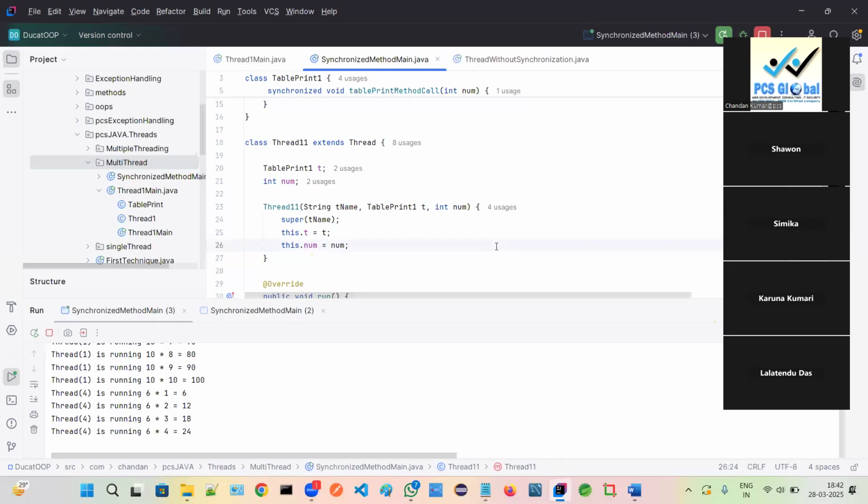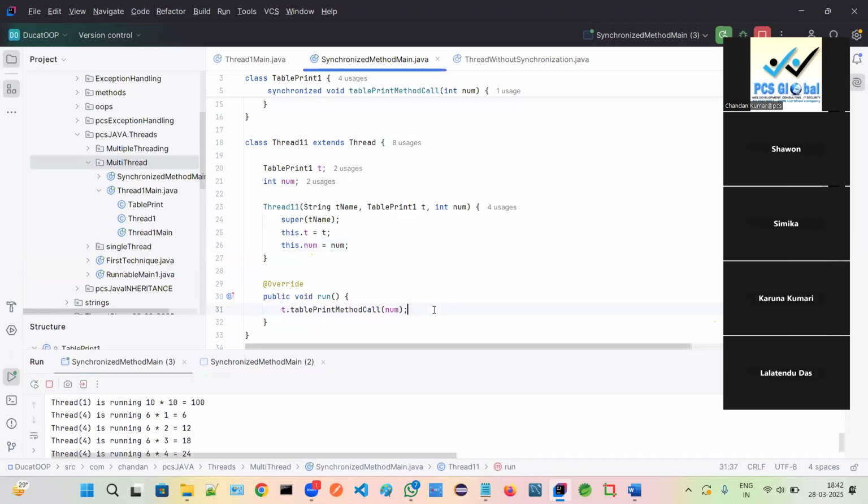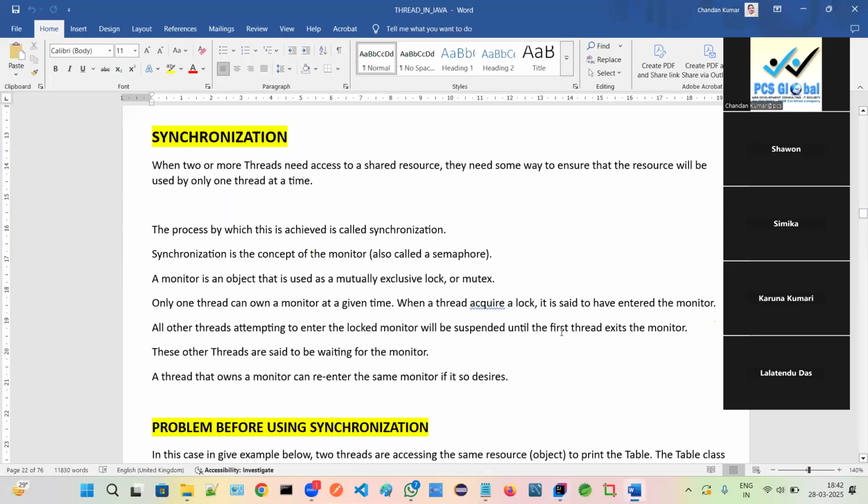Now moving further, talking about thread life cycle. What do we mean by life cycle? As human beings we also have a life cycle, right? Getting born, after born we become adult, after adult we get to the old stage, and at the end of the old stage we are terminated.